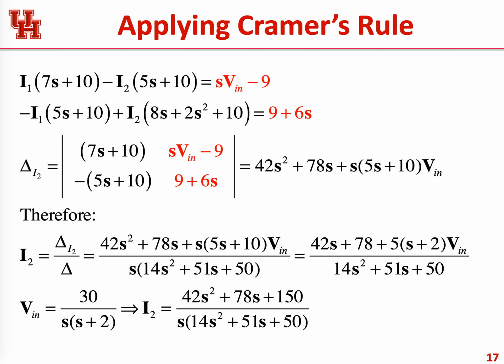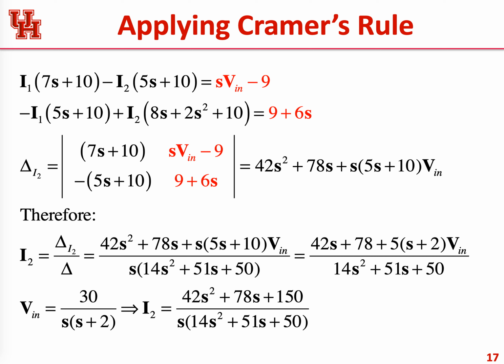So again, if we expand this out and work through the algebra, we get 42s squared plus 78s plus s times 5s plus 10 Vn.